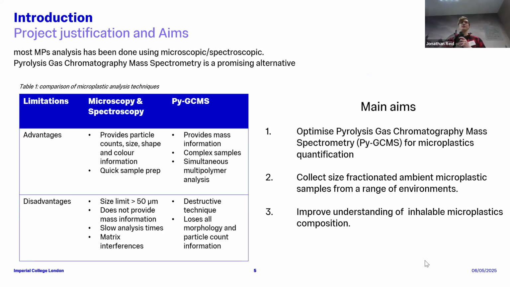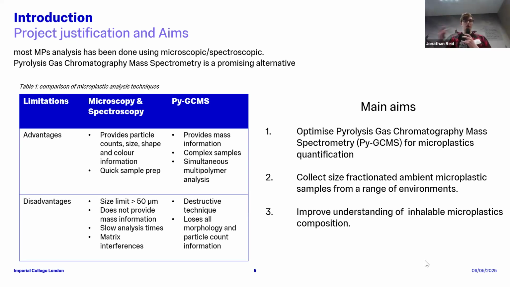Microplastic work is a relatively recent part of air quality monitoring, and the initial steps into microplastic analysis primarily focused on microscopic and spectroscopic techniques, which basically involve visual identification using a microscope and then sending it off to something like an FTIR or a Raman to confirm the composition of the polymer you're looking at.